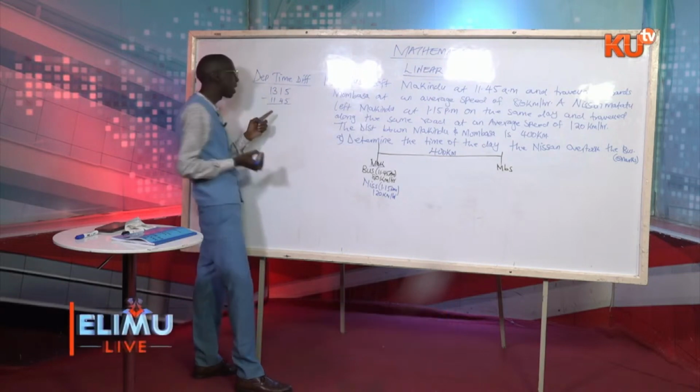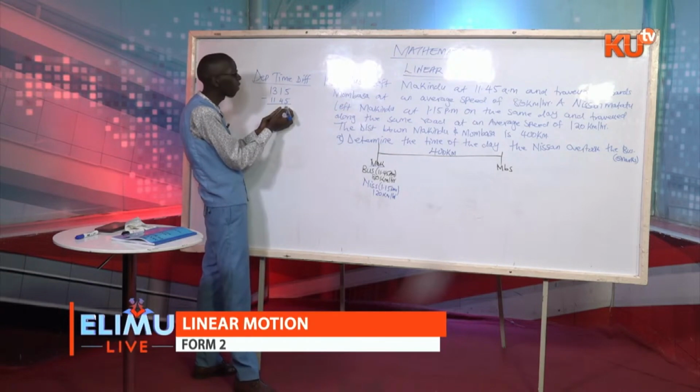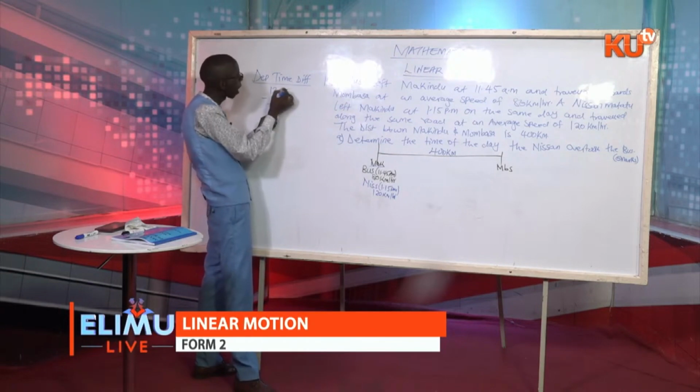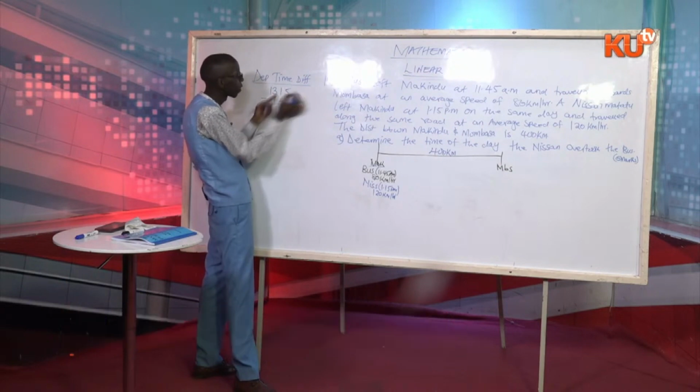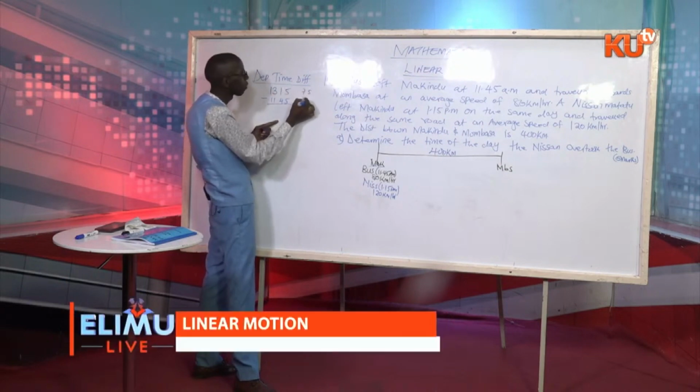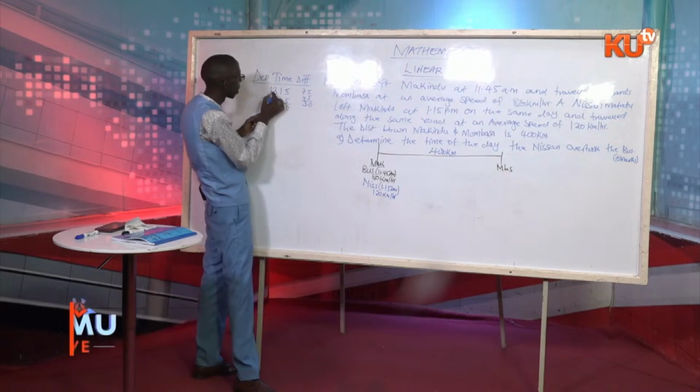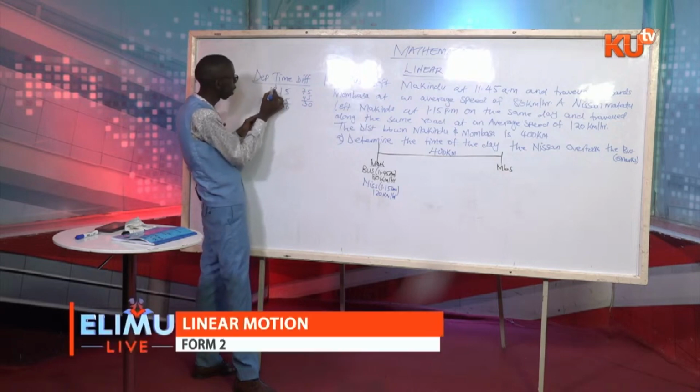11:45. So my dear student, 15 minus 45 is impossible. You borrow 1 hour, so 1 hour is 60 minutes, plus 15 is 75. So 75 minus 45, that is 30. Here you are left with 12. 12 minus 11 is 1.